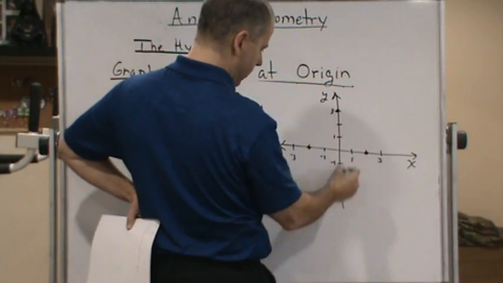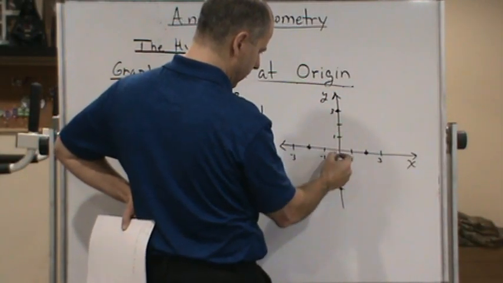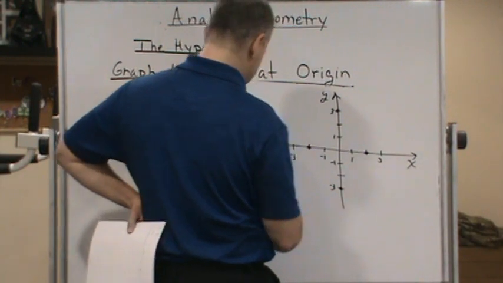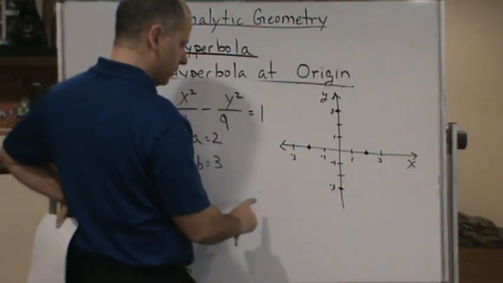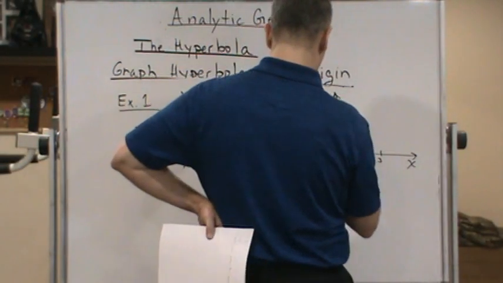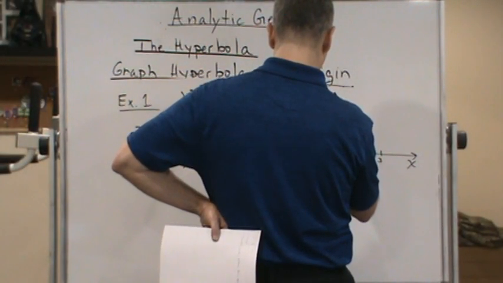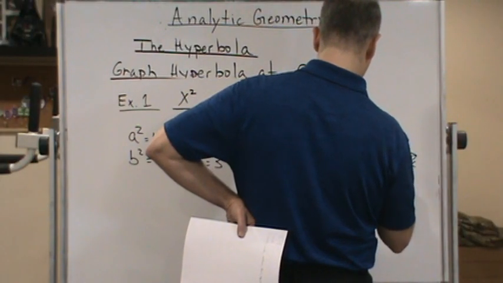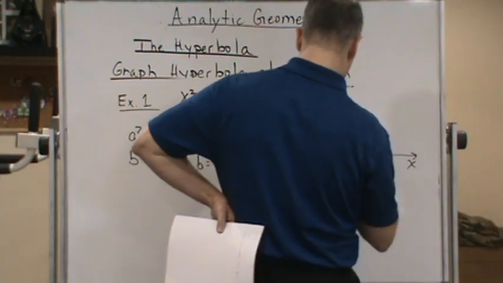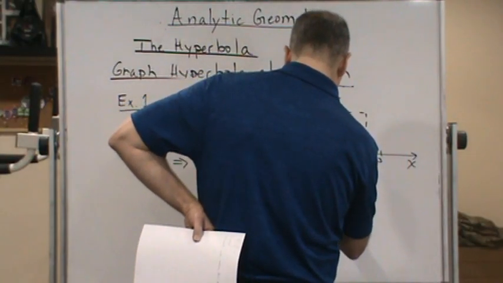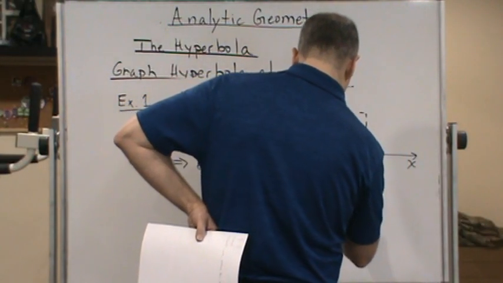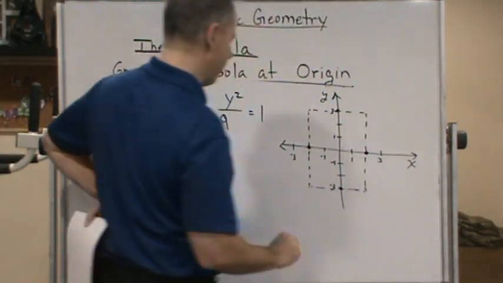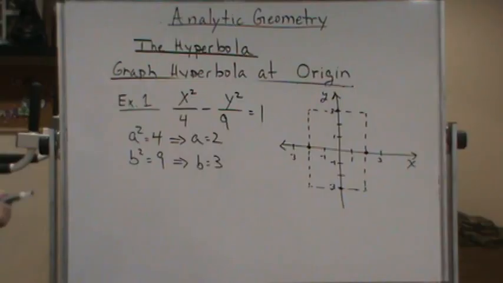So the box is going to be centered at the origin, and it's going to be the vertices and the B values that are going to make the box. So this is going to go like this. Right? So there's our box. There's our reference rectangle. Okay?